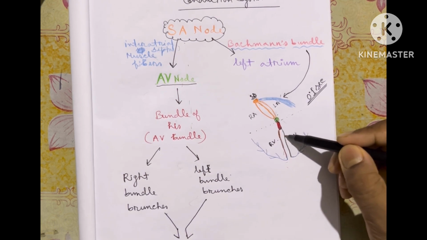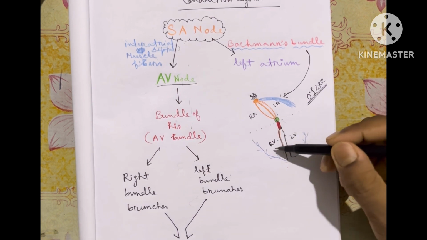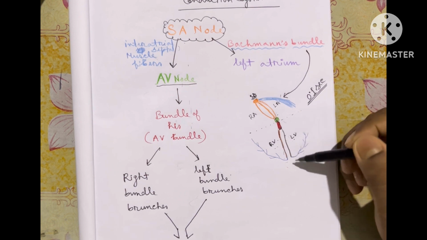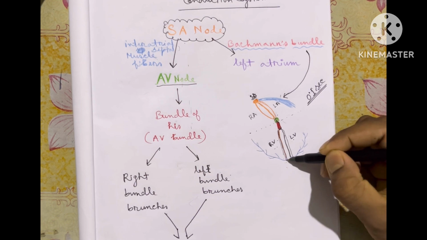Both the right and left bundle branches simultaneously run through the interventricular septum. So this is the complete interventricular septum.